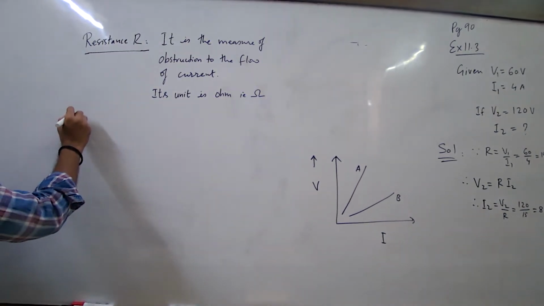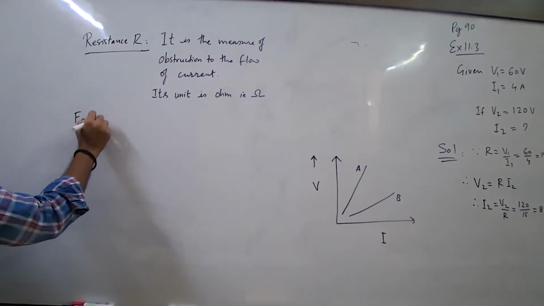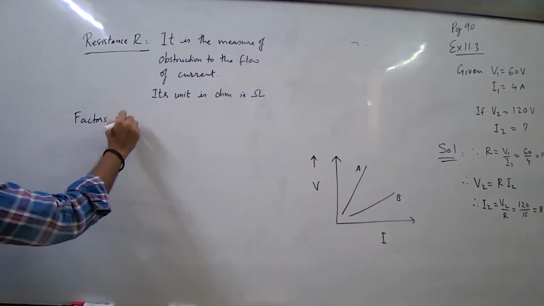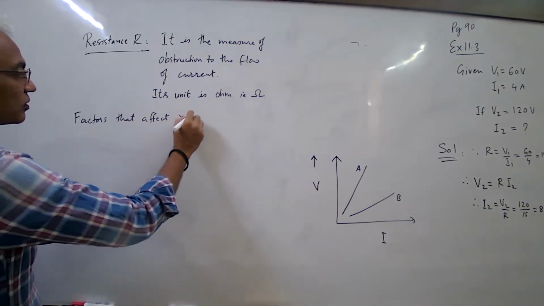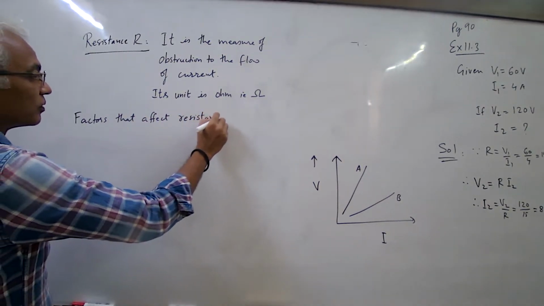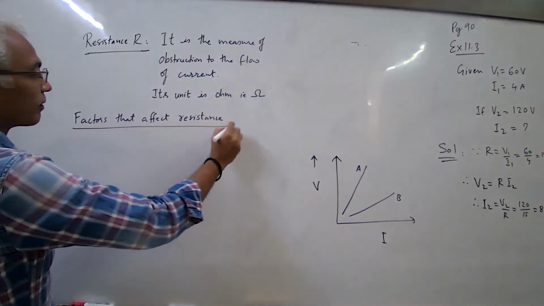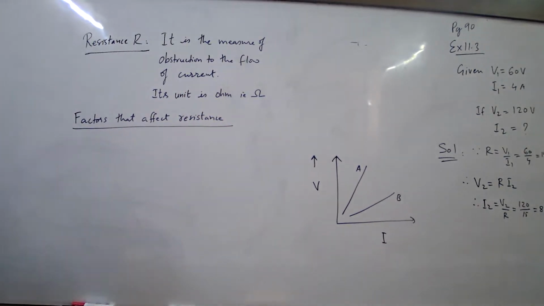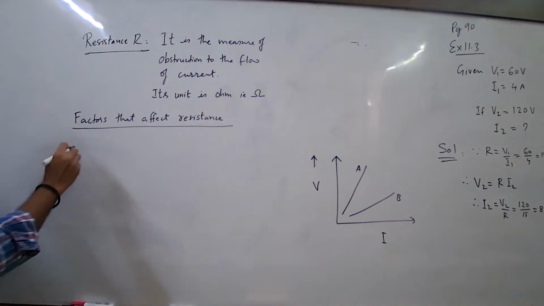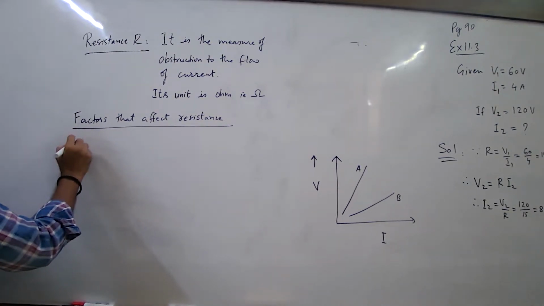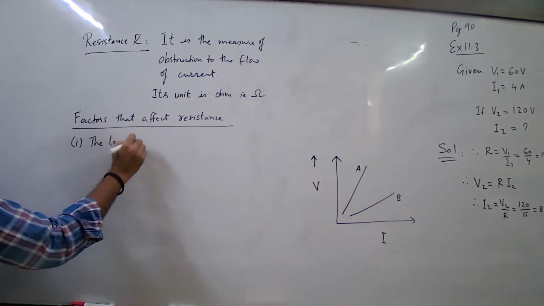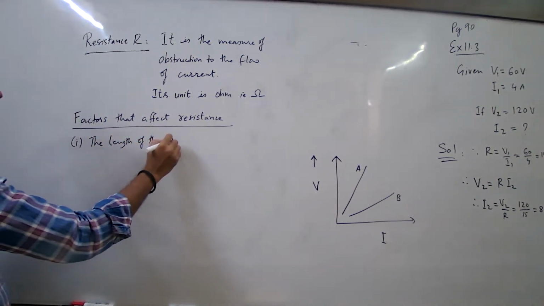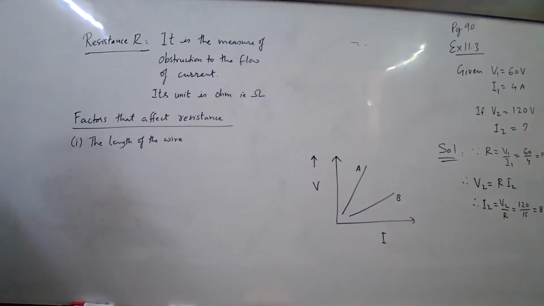Now we will study what are the factors that affect resistance. The factors that affect resistance are, first, the length of the wire. How does the length of the wire affect resistance?